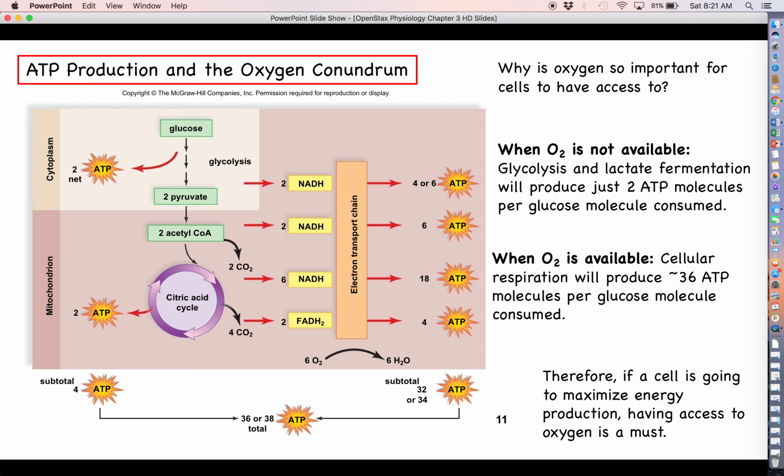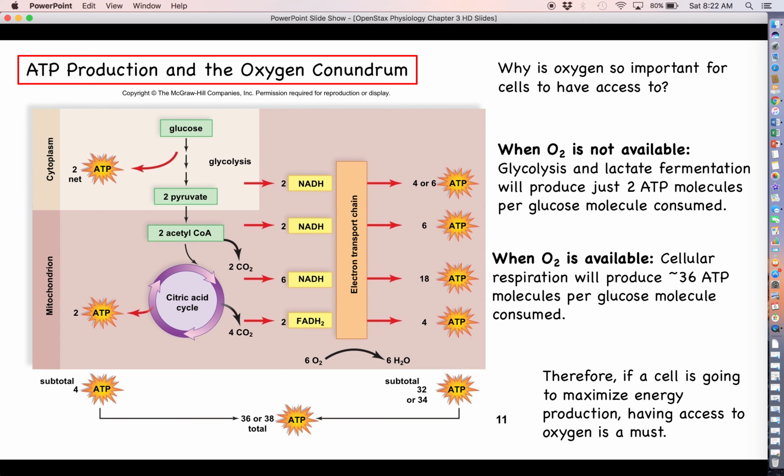With cellular respiration, when oxygen is available, we get about 36 ATP molecules for every glucose molecule. So when oxygen is available, our cells make about 18 times as much ATP as they do when oxygen is not available. We've already had some brief discussions on certain organs and tissues in the body that cannot tolerate not having enough energy.